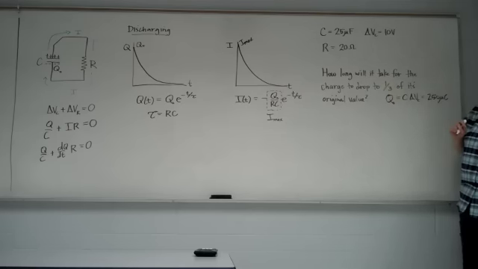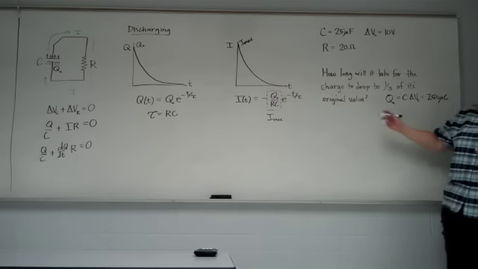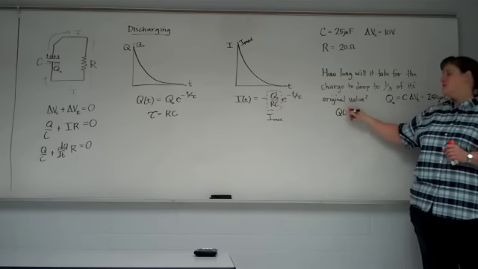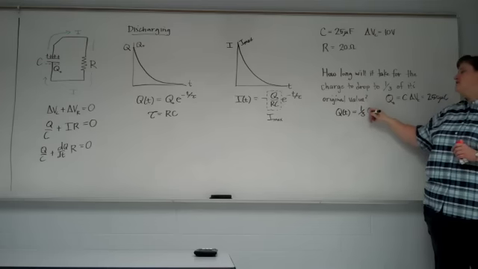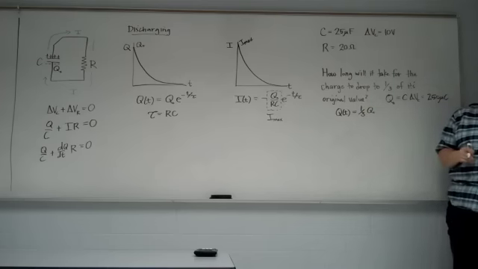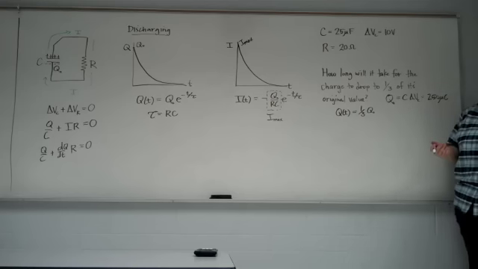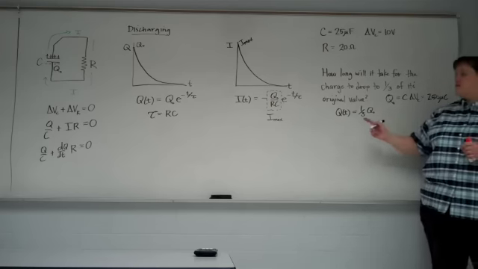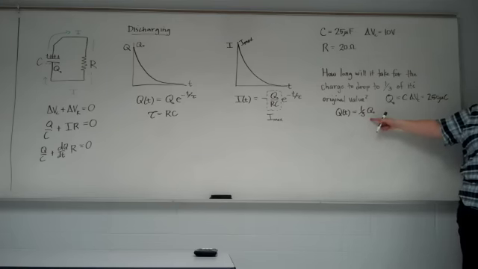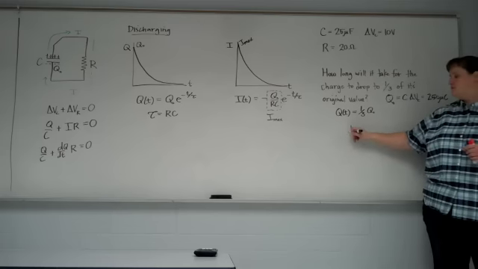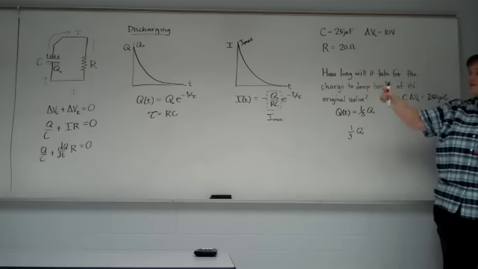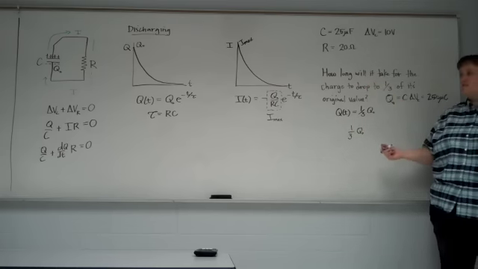We want to know how long it's going to take for the charge to drop to 1/3 of its original value. That means we want the charge at whatever time we're looking at to be 1/3 of Q naught. Going over to our charge equation, I'm going to put 1/3 Q naught in on the left side, because that's the charge at this time.